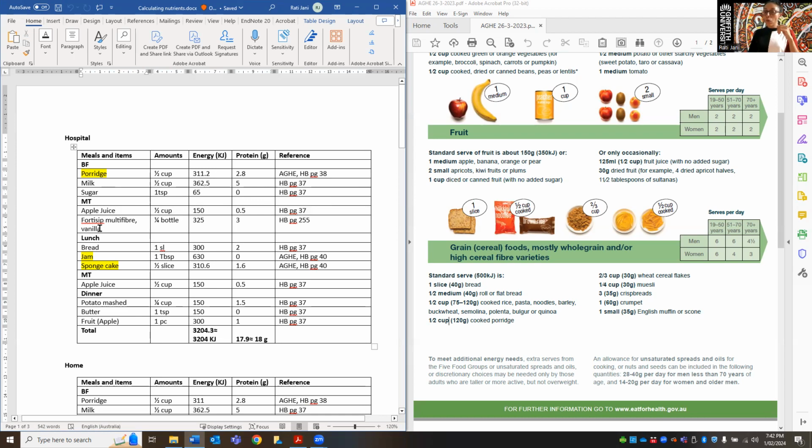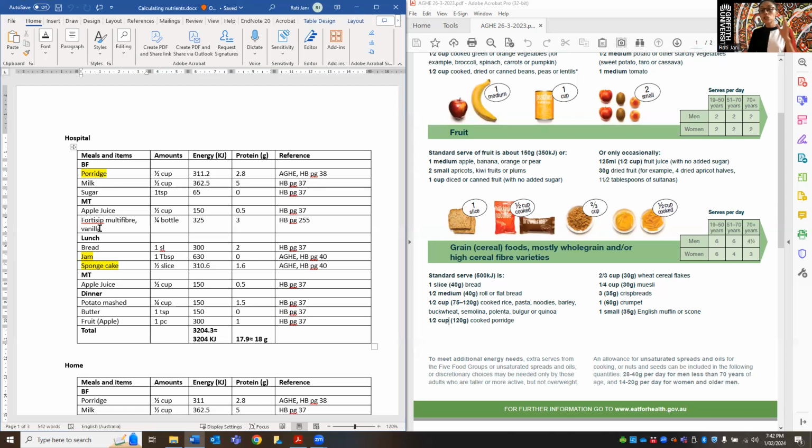Fortisip. Now, what is Fortisip? You will study it. It is an oral nutrition supplement. I will not talk about the science of Fortisip. That is all done in your lecture and in your workshops later on. But where do I get information about oral nutrition supplements?